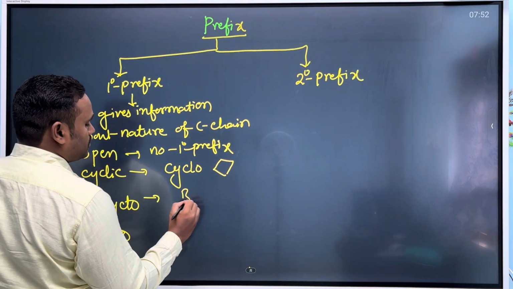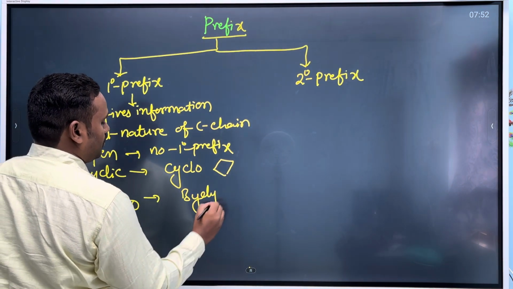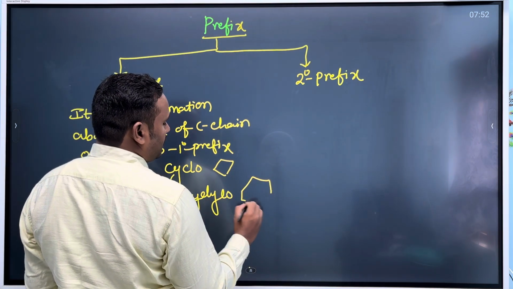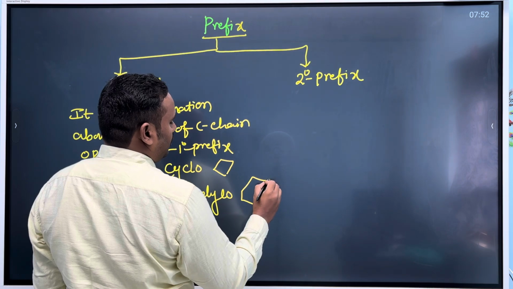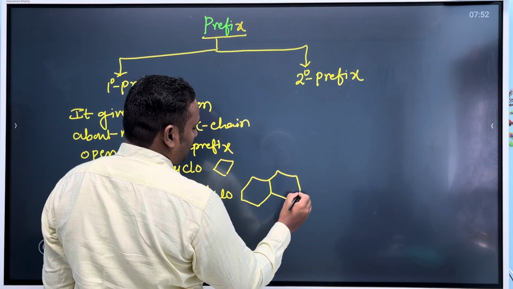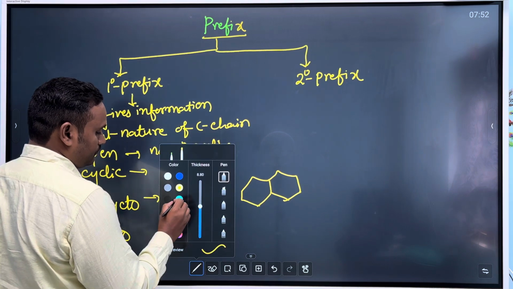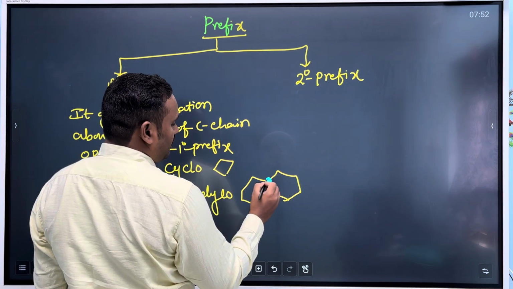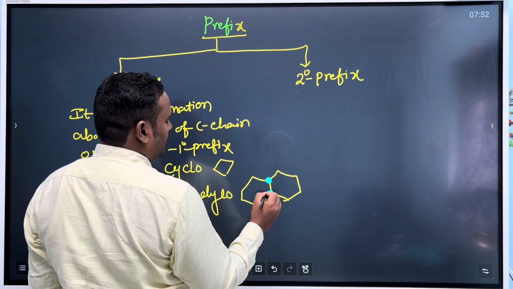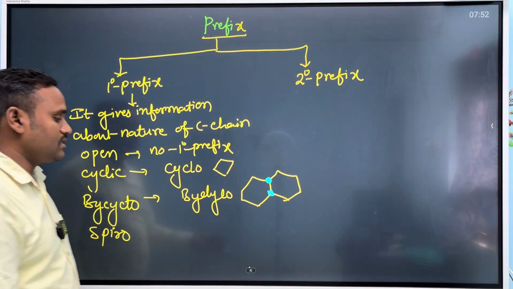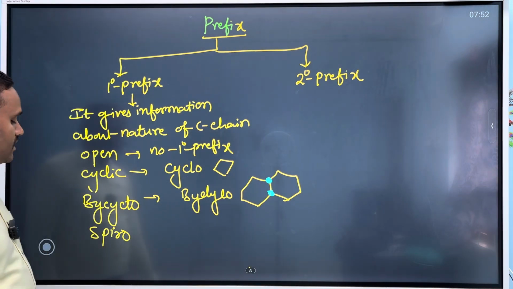For bicyclic compounds we use bicyclo. So what is a bicyclo? It means two rings are joined with two or more common carbon atoms. See here, these are the common carbon atoms. Two or more than two common carbon atoms are present. That is called a bicyclic compound.